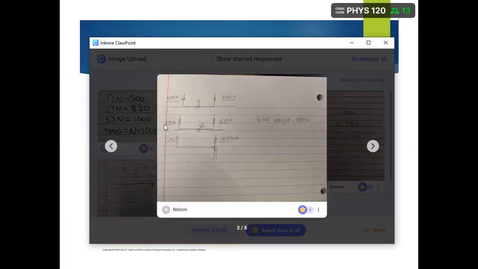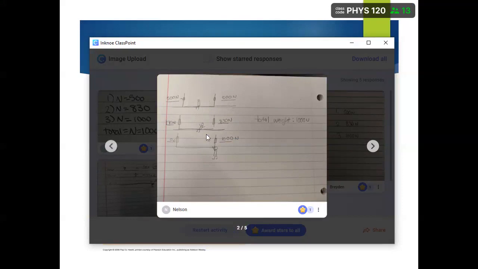So you have 500, and then there is a person in the middle, and there should be another 500. But how many forces do we have? We have two upward forces, but it means that there should be downward forces as well, yes? Because 500 plus 500 is 1000.